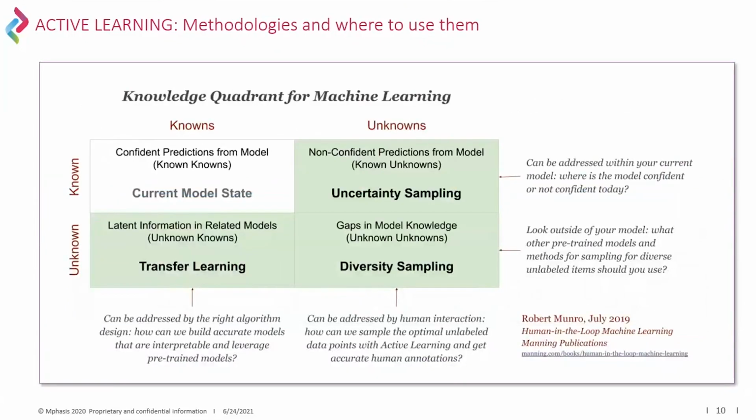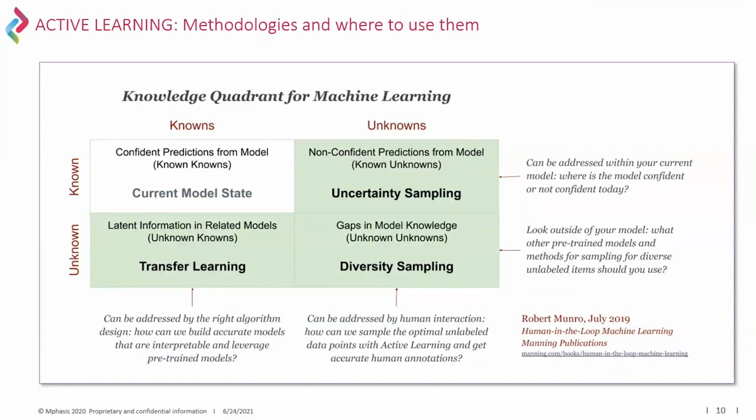Now, I would like to shift your focus to a knowledge quadrant for machine learning, which will help you identify which method applies to you and get started from. The way to look at this quadrant is two-pronged. The first parameter is the knowledge that you as a human know.